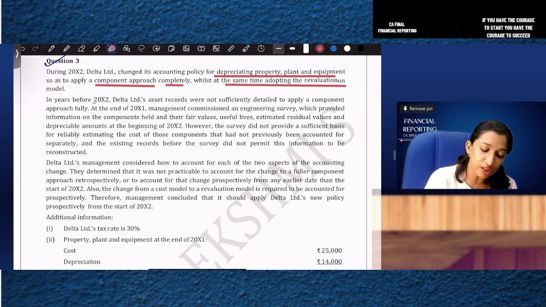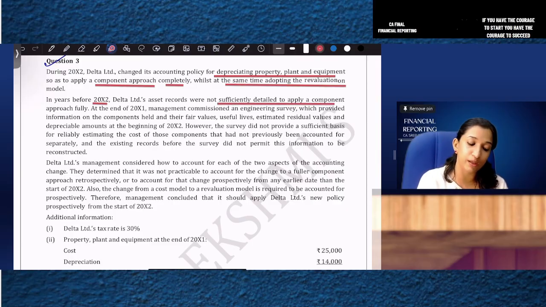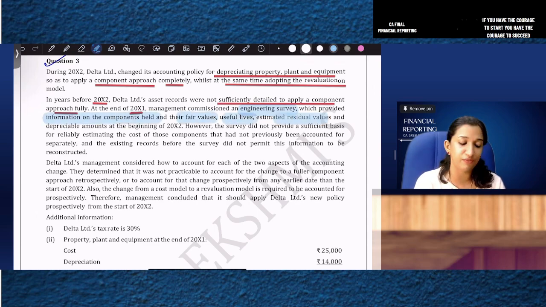In earlier years, Delta Limited's asset records were not sufficiently detailed to apply a component approach fully. At the end of 2011, management commissioned an engineering survey which provided information on the components held and their fair values, useful life and residual value.